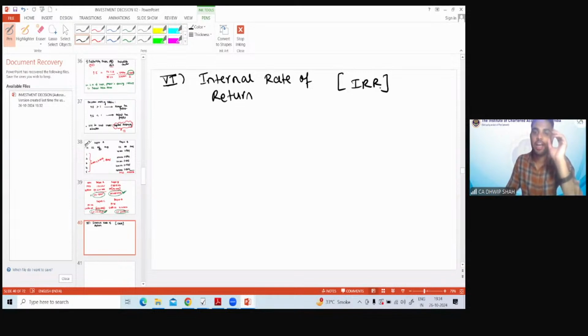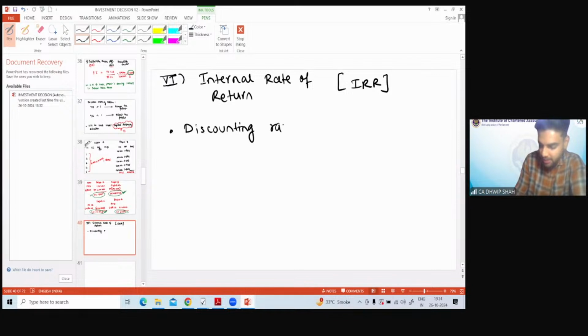IRR is that discounting rate where the NPV of the project is 0. Again, I am repeating: it is the discounting rate where the NPV of the project is nil.